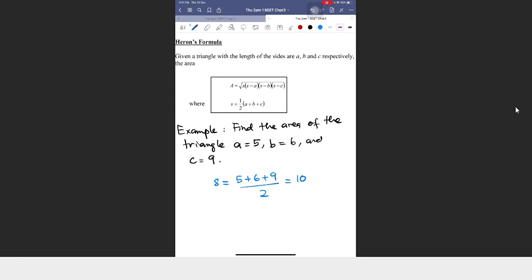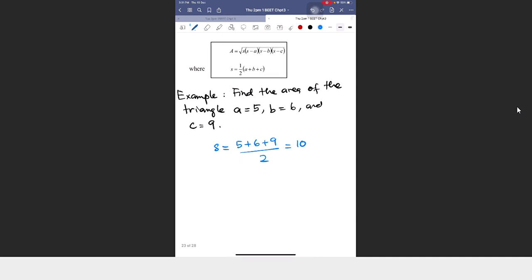So it's 10. Then, to find the area, you have S times S minus A, times S minus B, times S minus C.